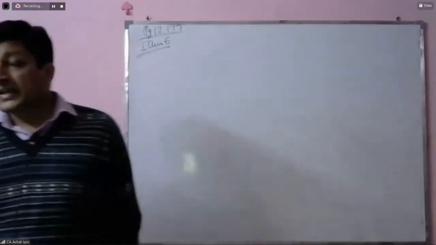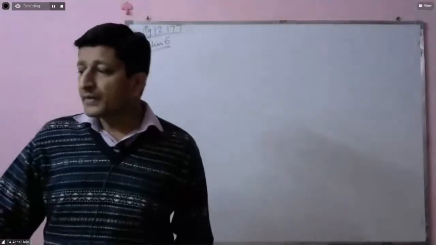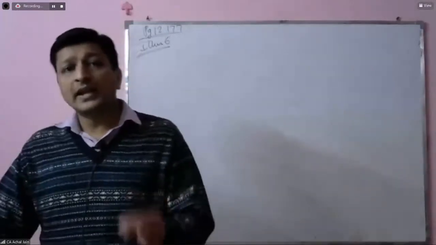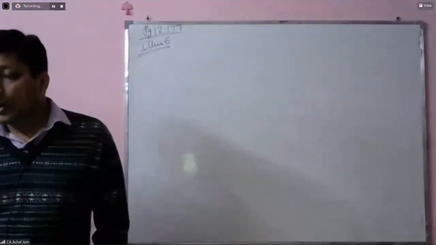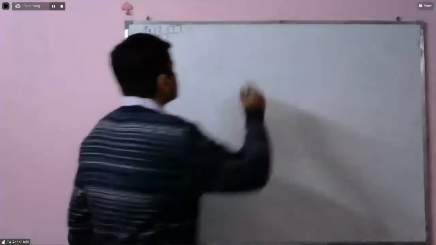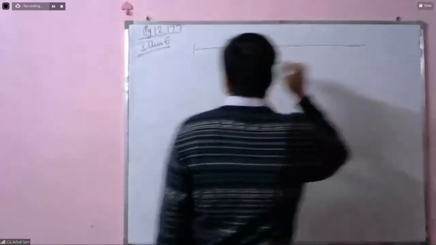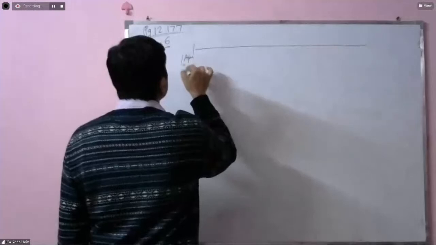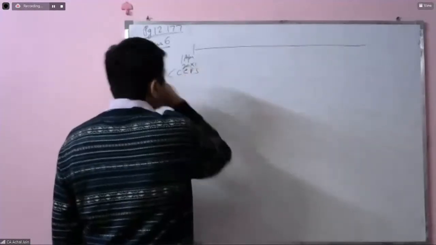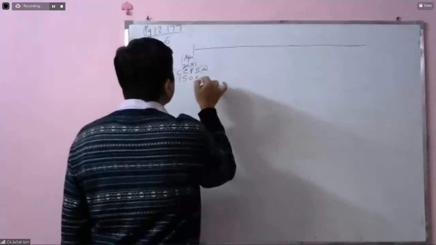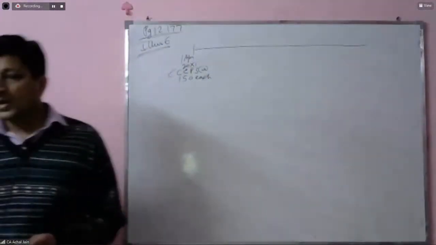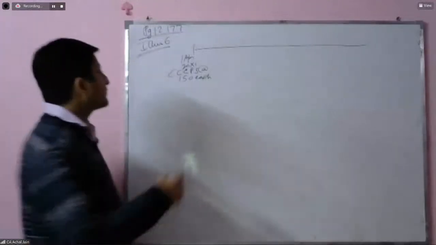ABC company issued 10,000 compulsorily convertible preference shares, and these are cumulative, on 1st of April 20X1 at the rate of rupees 150 each. 10,000 was the number of preference shares.